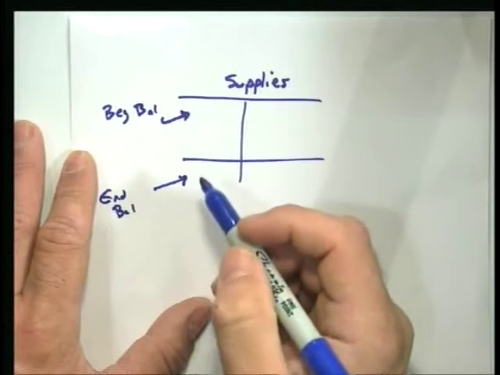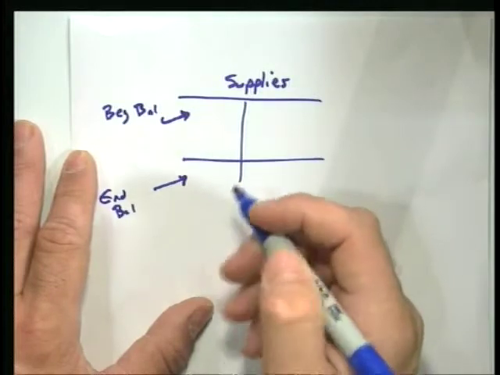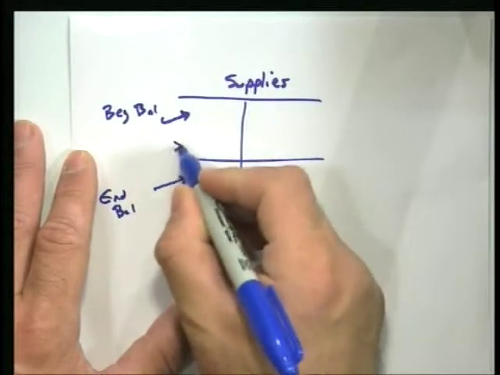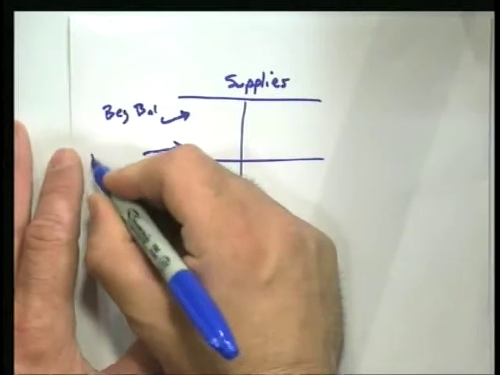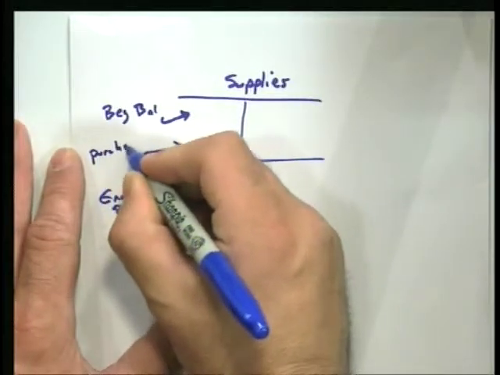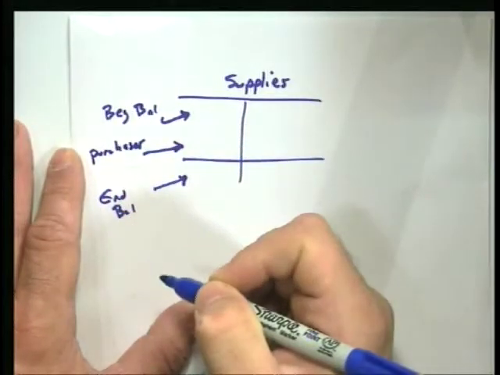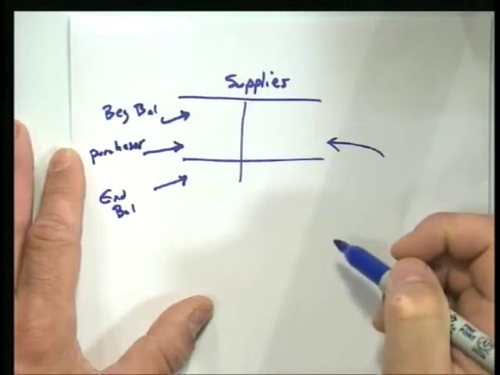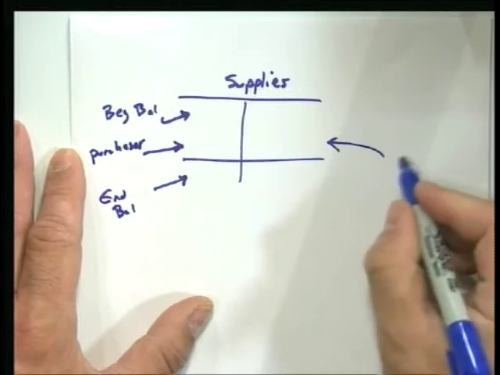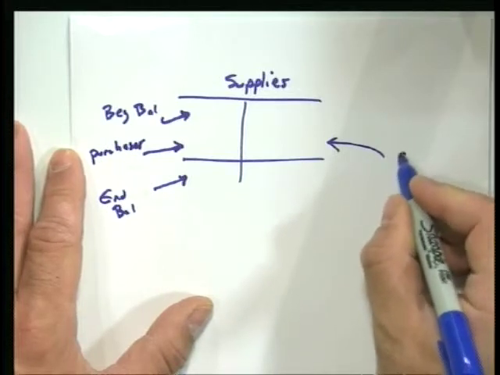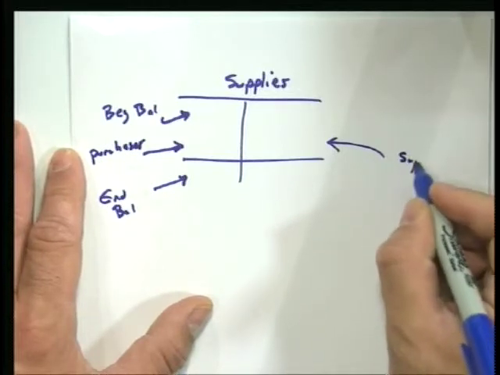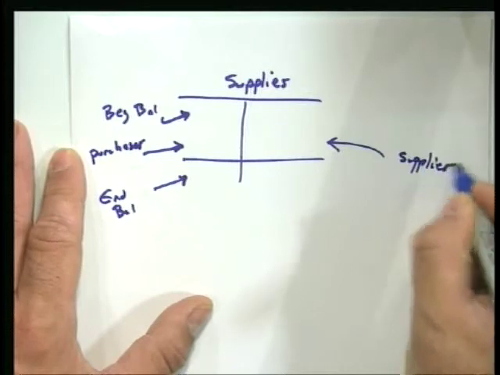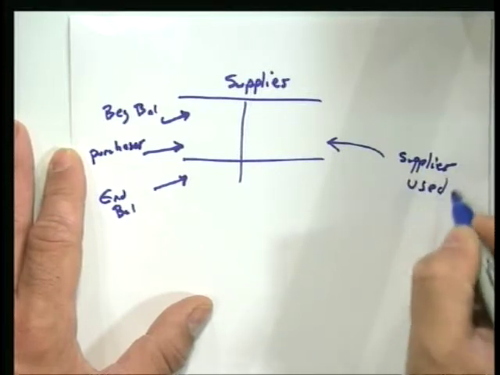How is supplies increased or debited? When we purchase supplies, right? So purchases of supplies would be shown here, and ultimately we're going to make our AJE and decrease supplies for the supplies used.